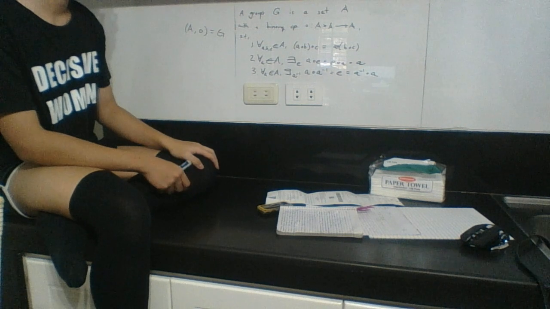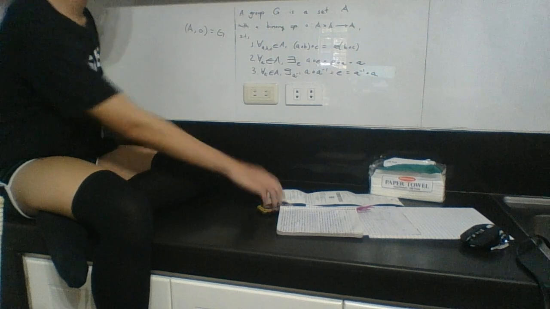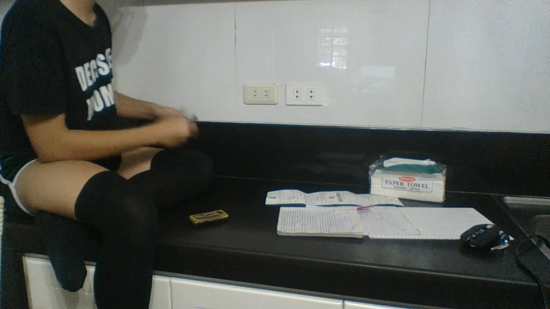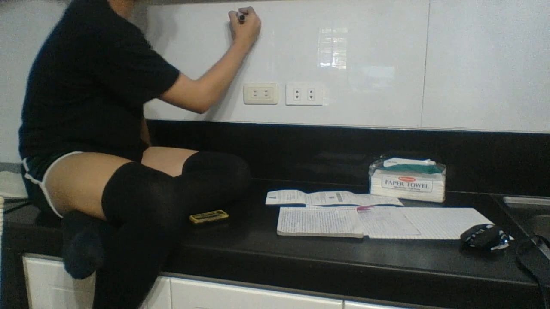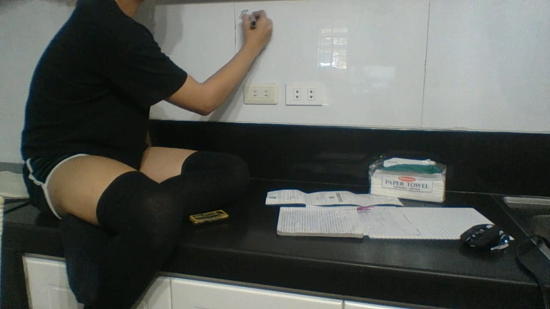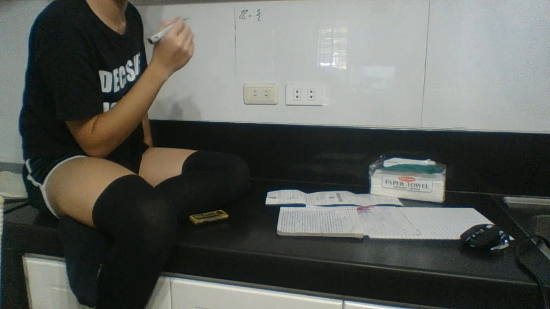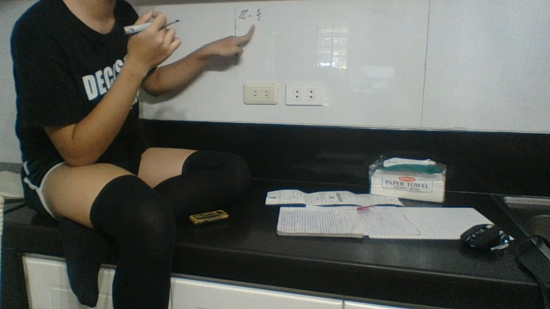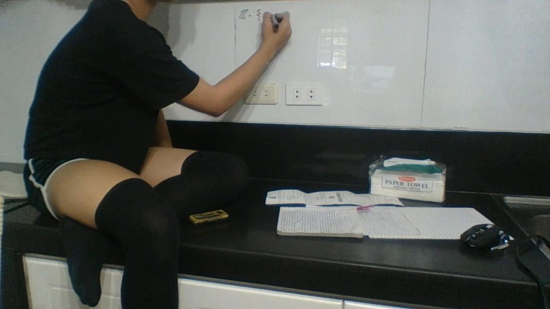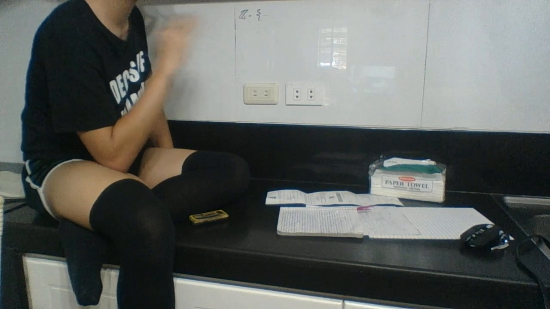Right. So what is an example of a group? An example of a group is the integers. The integers, basically speaking, is all whole numbers. This is one way of writing out a set using the braces. Negative infinity up to positive infinity, but not infinity themselves.